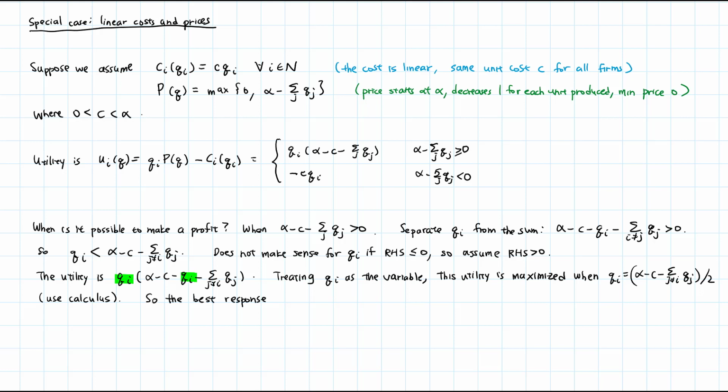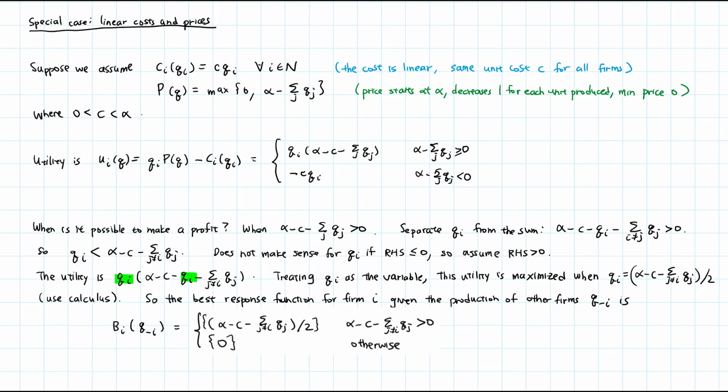So the best response function for firm i given the production of the other firms Q minus i is the expression shown here. We see that there are two cases here. One case is when we can make a profit, and the other case is when we cannot make a profit, in which case we will produce 0. So that is the best response function for a firm i.